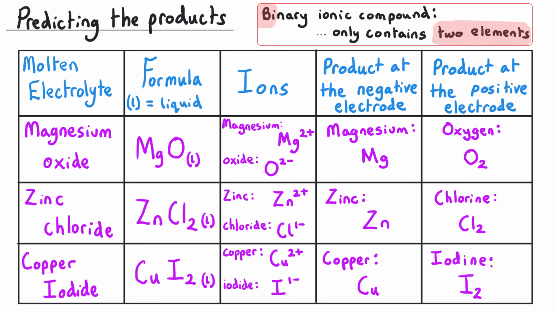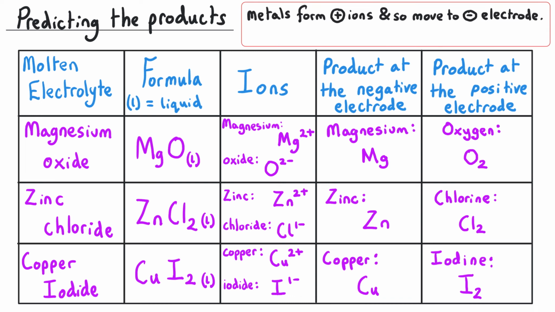It's also worth pointing out that we don't really need to know what the specific ions are in order to work out what the product will be, because all we need to remember is that metal ions are going to be positively charged because they transfer their electrons to the non-metal.